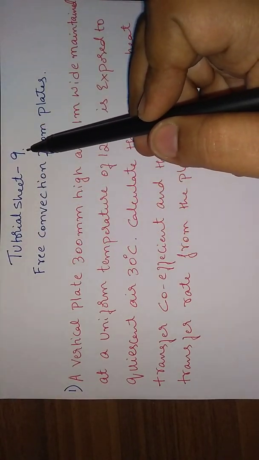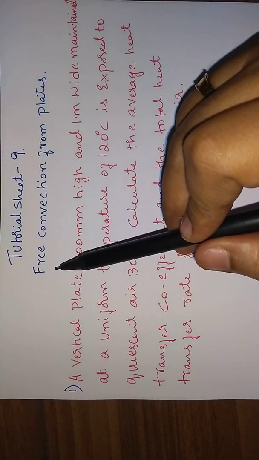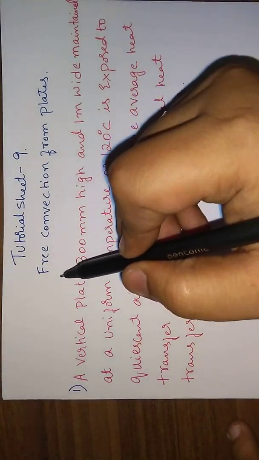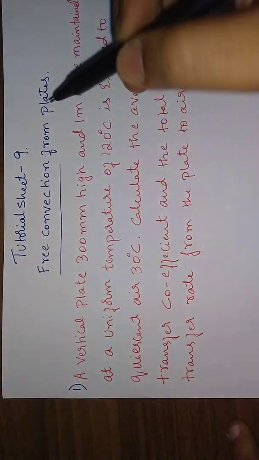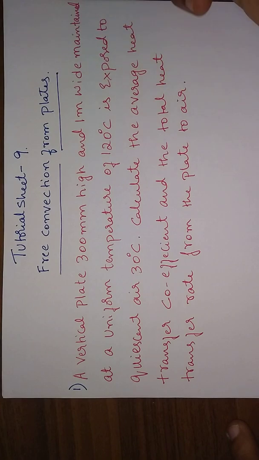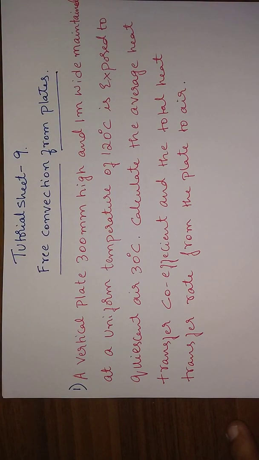This first problem is related to free convection from plates. Usually you can get a problem related to free convection with respect to flat plates and cylinders based on their positions.